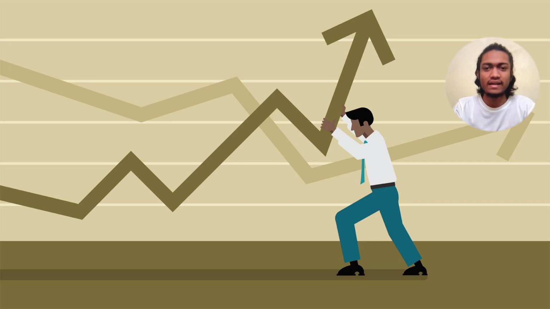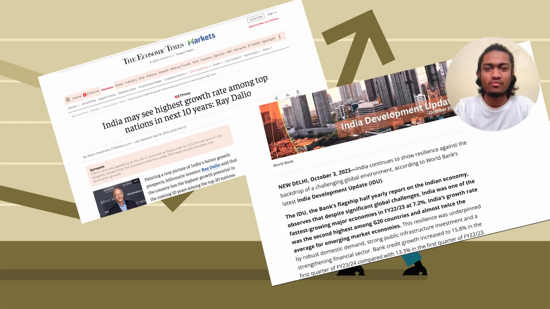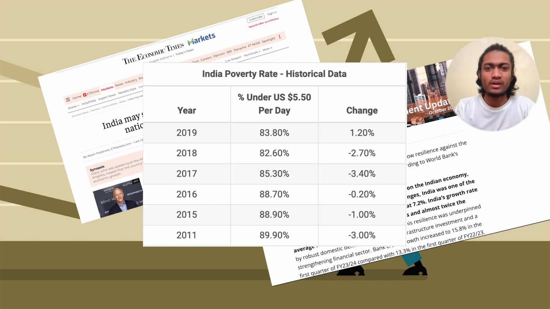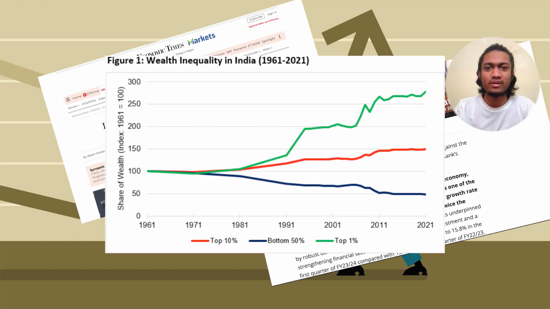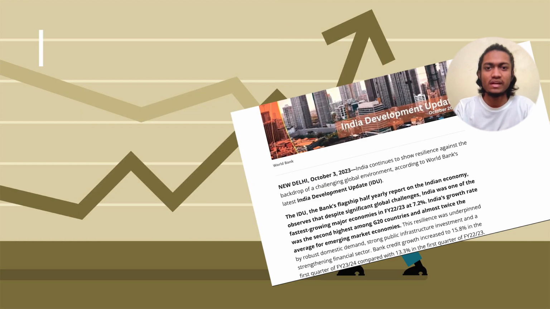In the last decade, India has emerged as one of the fastest growing economies in the world. Still, it faces issues like poverty, inequality, and infrastructure development. Against this, the government has implemented several policy measures, but their effectiveness is still in debate.